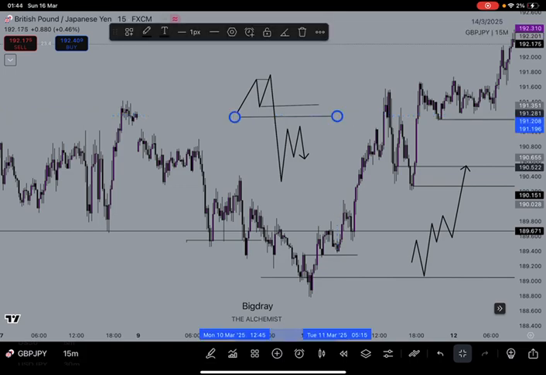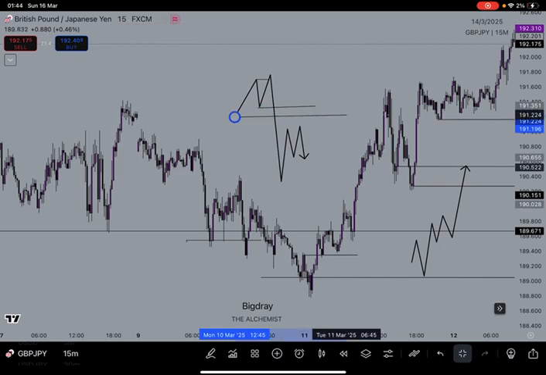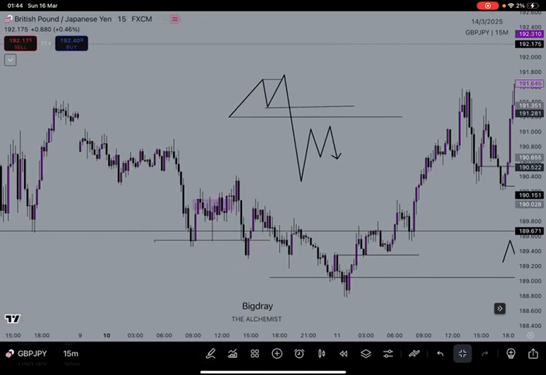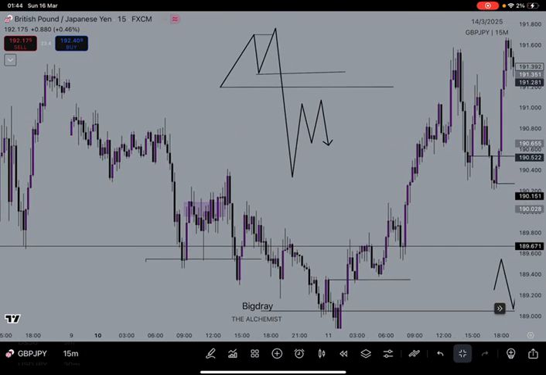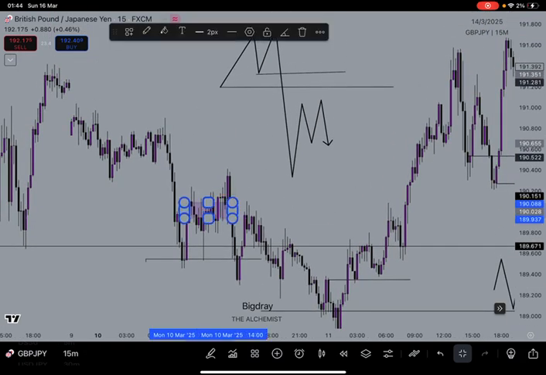So now we know that we have two RBS, this and this, and our entry should always be the closest point of interest to the liquidity. Where is the liquidity now? These are the liquidities. All this is the liquidity. Can you see it clearly now? So where do I mark?